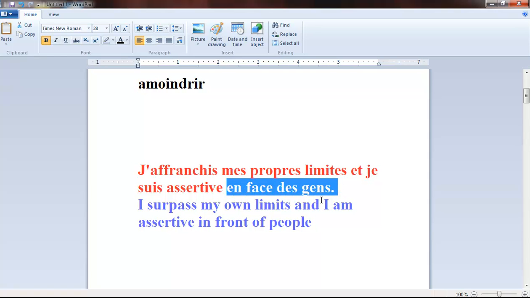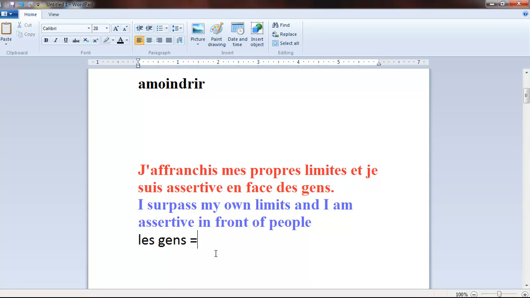En face des gens, it means in front of people. Les gens means the people, uncountable plural number. J'affranchis, it means I surpass.